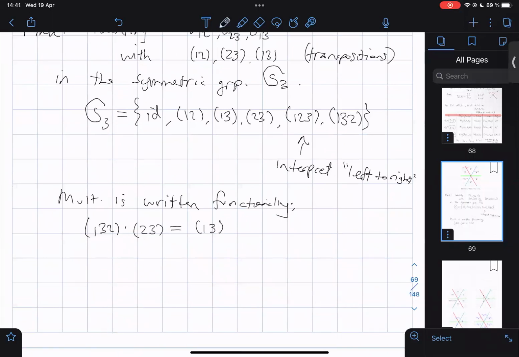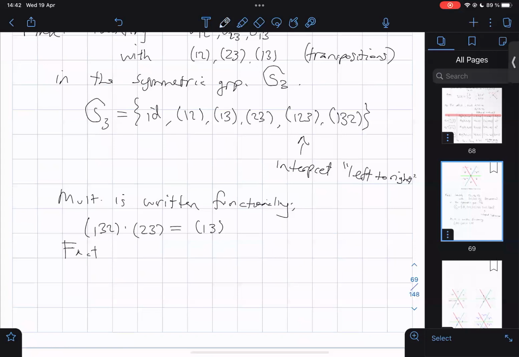So, a little exercise if you're a little rusty with permutations. One fact about the symmetric group is that it's generated by simple transpositions.